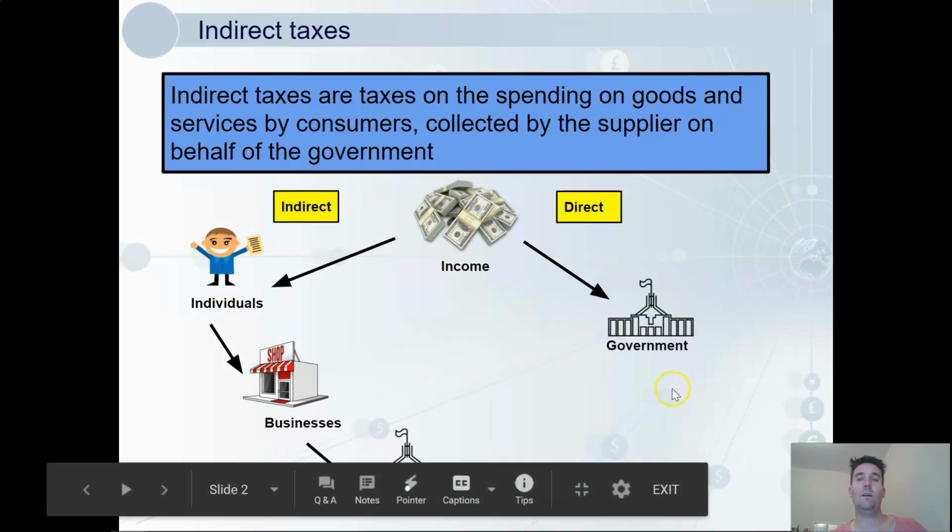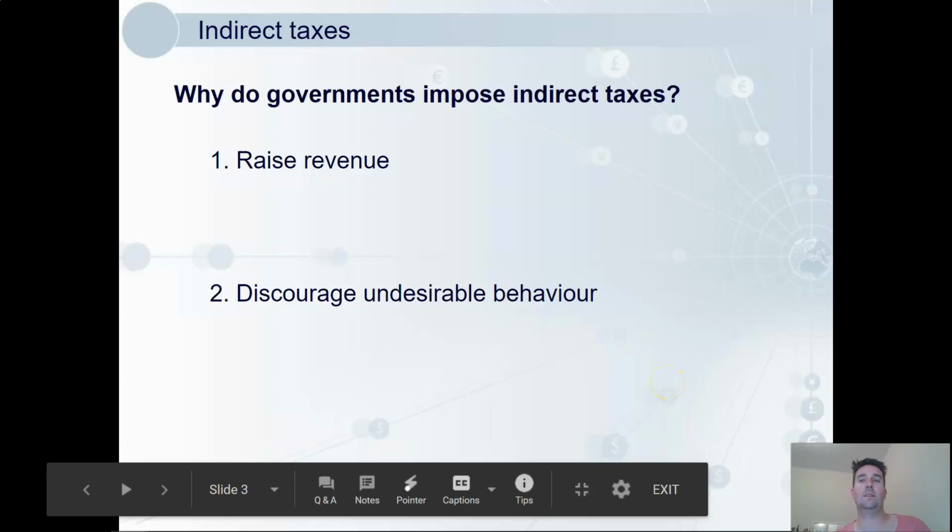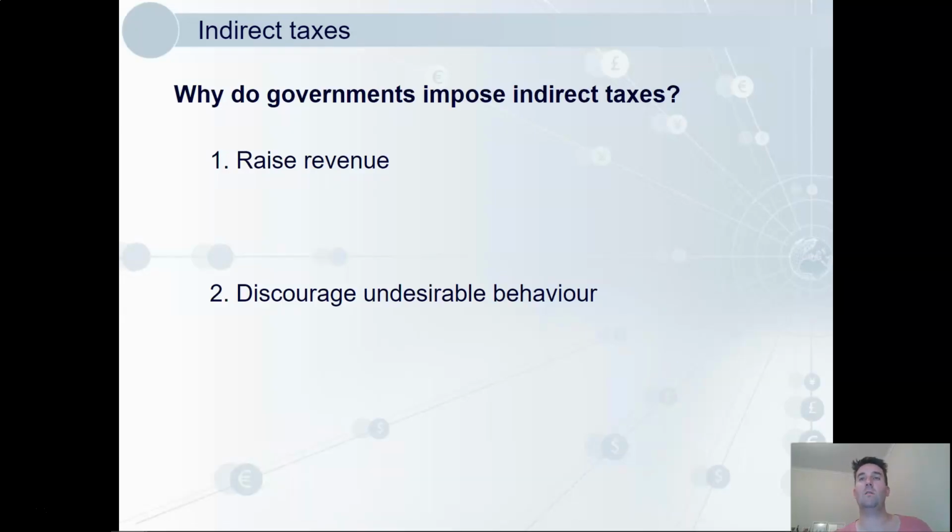So why do we do indirect taxes? One goal of any tax can be to raise revenue. What does the government need revenue for? Publicly funded things like roads and rail, direct provision of services such as education and healthcare, and transfer payments to individuals.